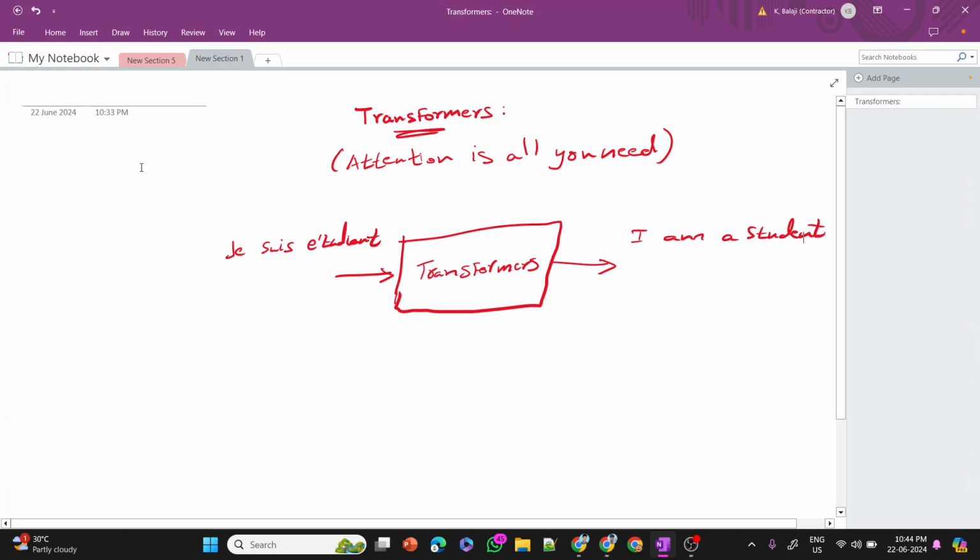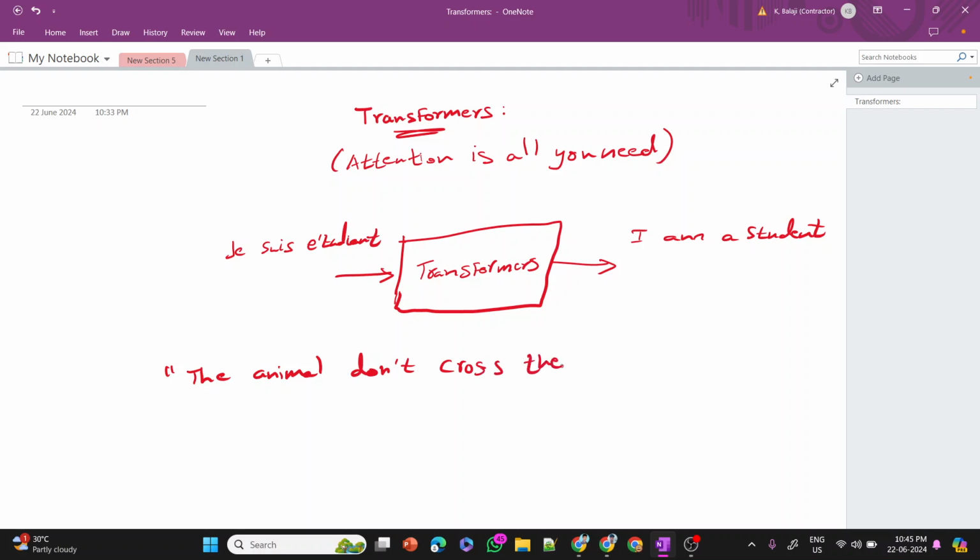We have a sentence like: "The animal does not cross the street because it was too tired."